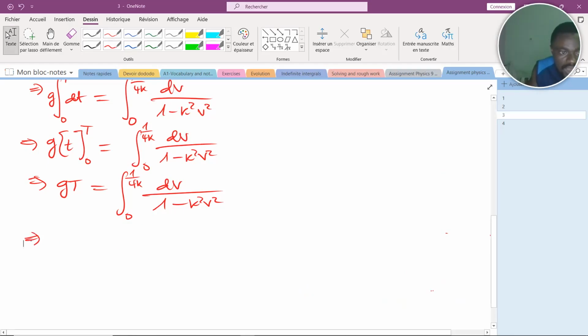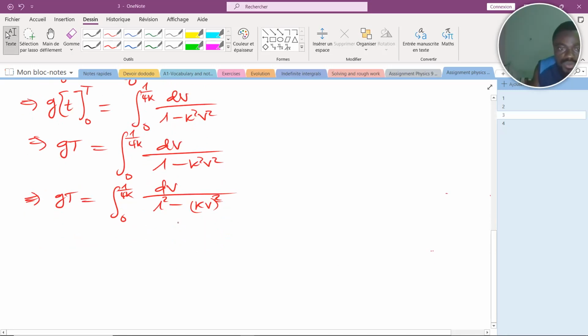So this implies gt equals the integral from 0 to 1 over 4k of dv over 1 minus k square v square. Is that okay? This is already a difference of two squares. So gt equals the integral from 0 to 1 over 4k of dv over 1 minus kv into 1 plus kv.